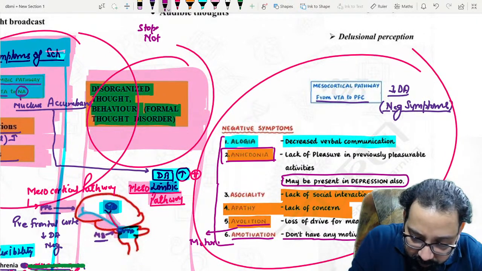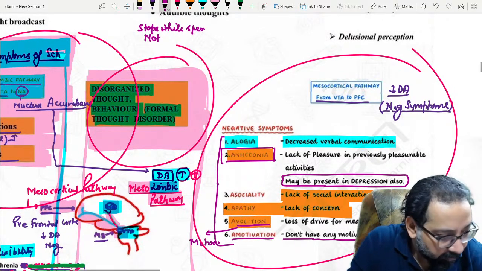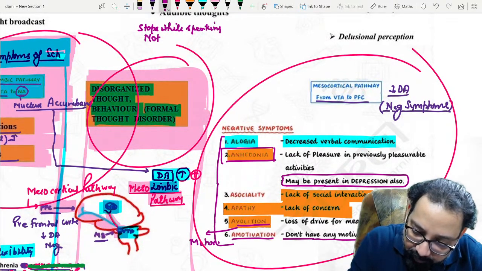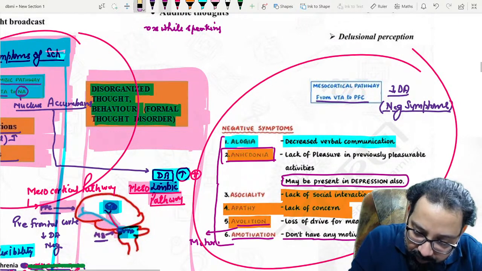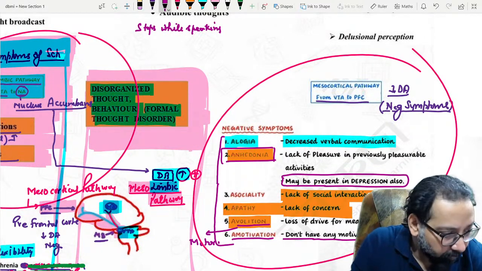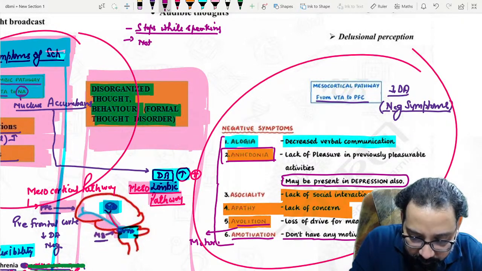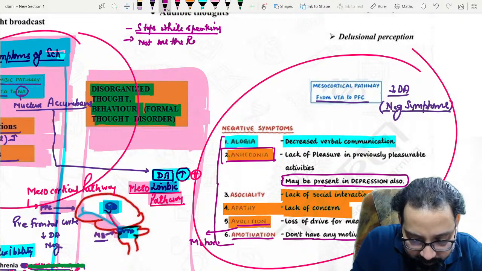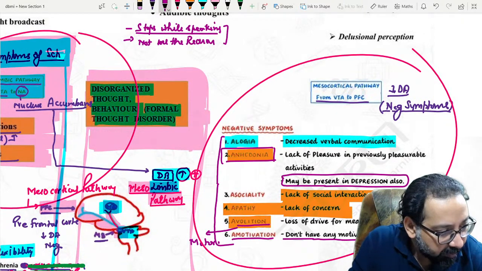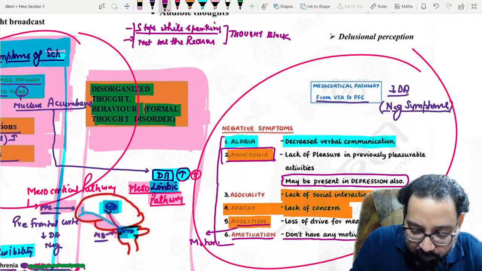Stops while speaking, not telling the reason. This is thought block. Thought block. Abnormal behavior.